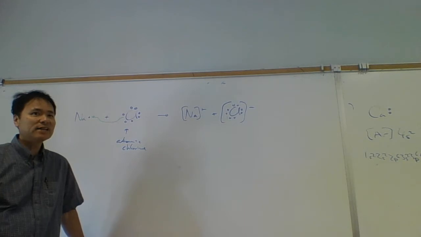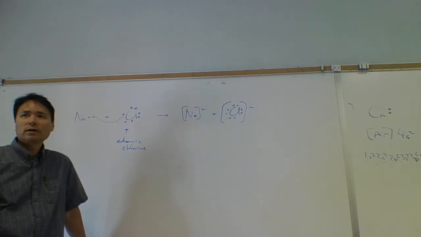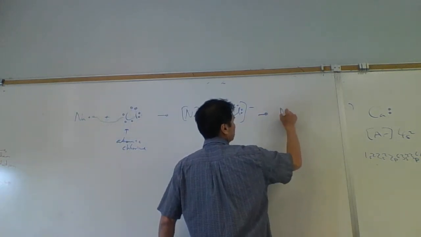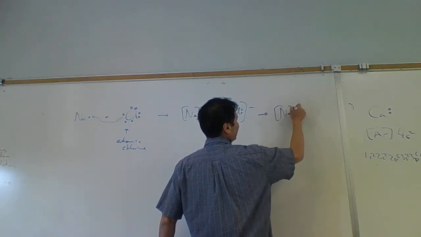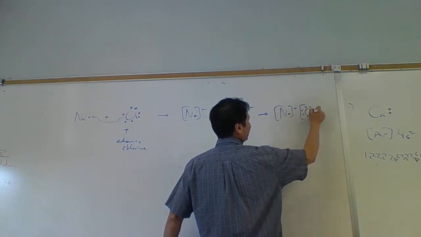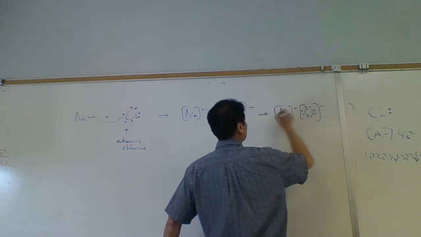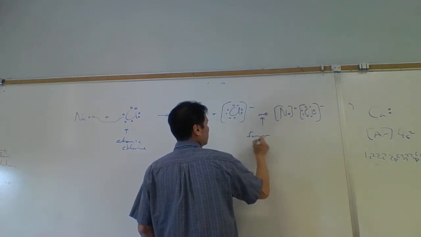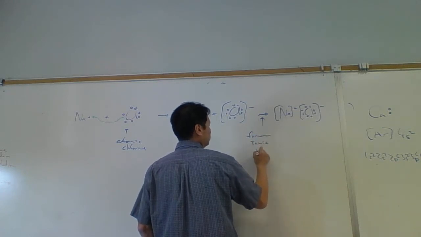Well, we form the ions, but that's not the end of the story. What we want to do is we want to form the compound. The compound is going to be sodium and chloride. We need to make the bond to form the ionic bond.